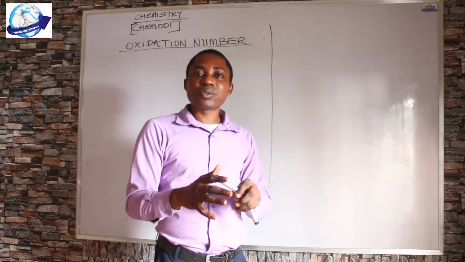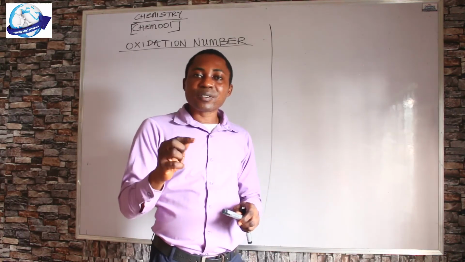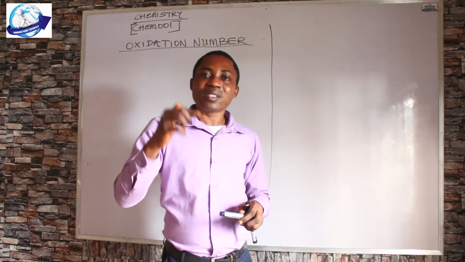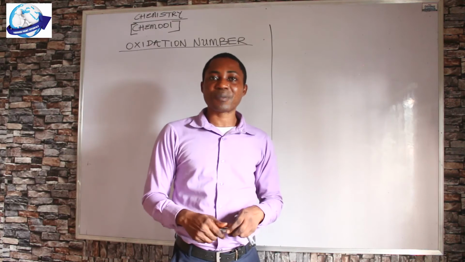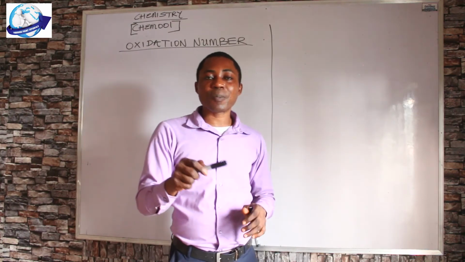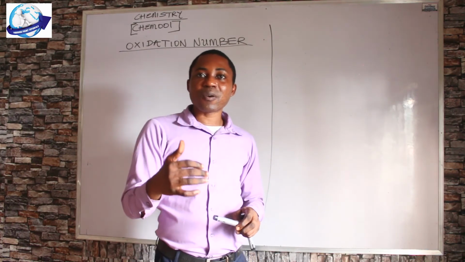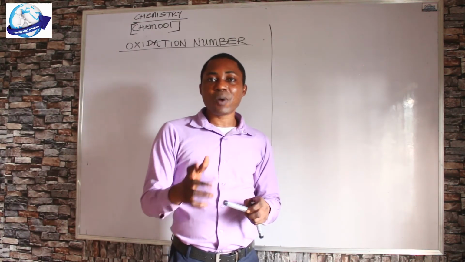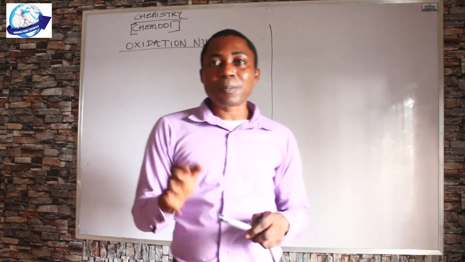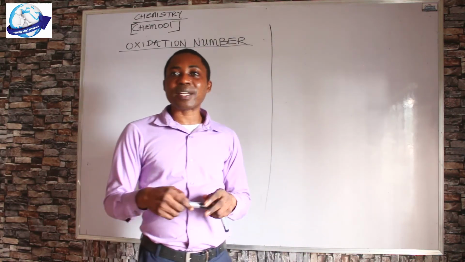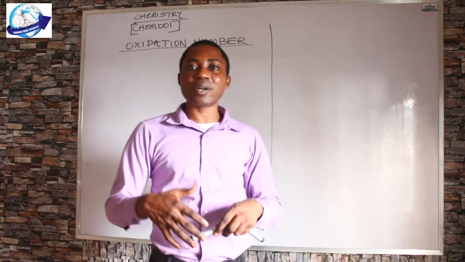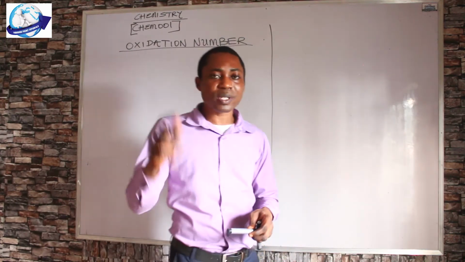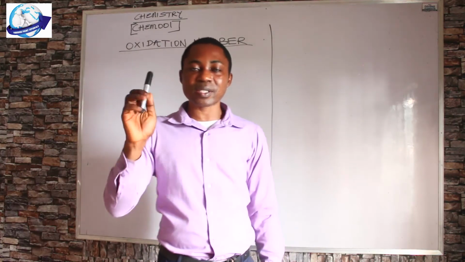But let's now come to the rules that govern the calculation of oxidation number. What are the things we should know before we can continue to talk about oxidation number calculation? Now, the first rule is that the oxidation number of an atom of an element at free state, or uncombined state, is always zero.